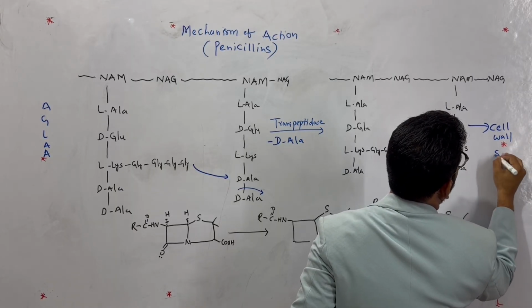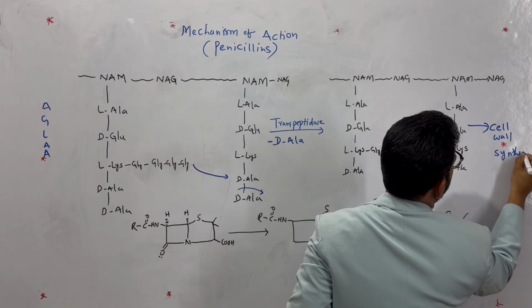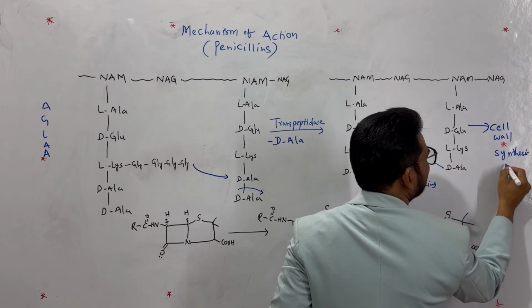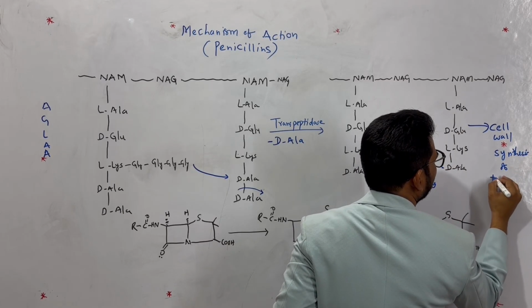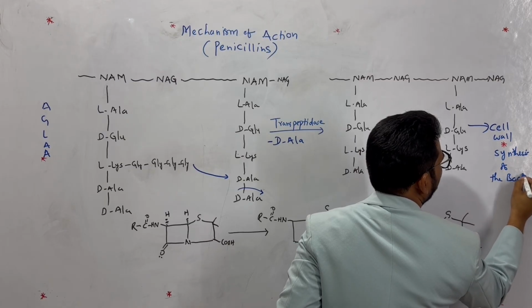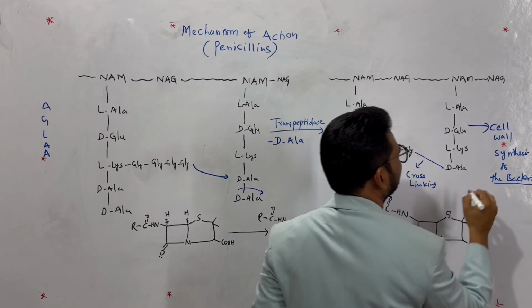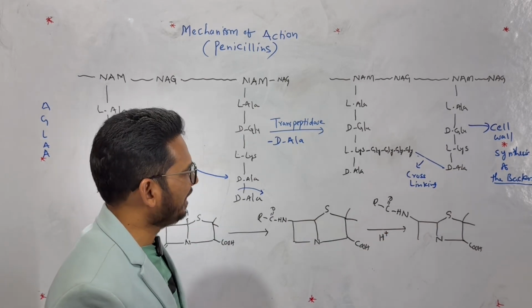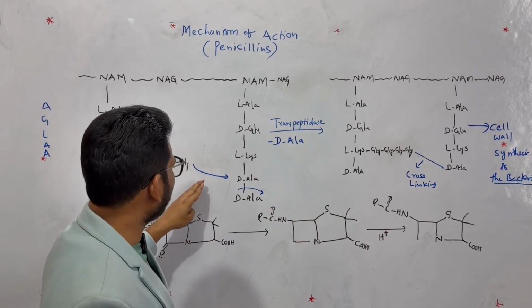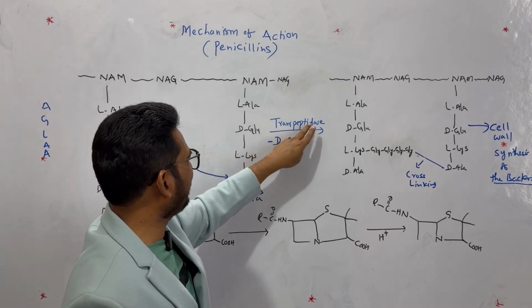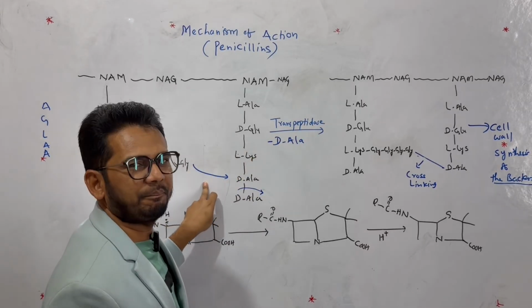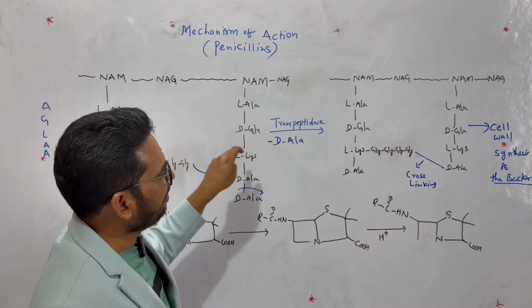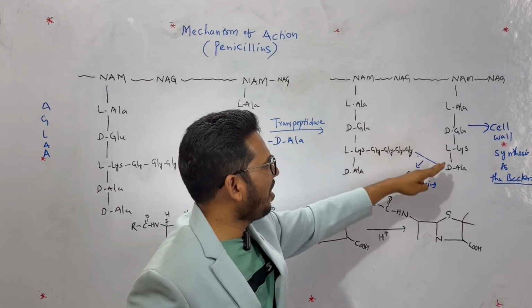Remember this, cell wall synthesis of the bacteria. It means that when the cross linking is formed with the help of the transpeptidase enzyme, it is helpful for the cell wall synthesis.